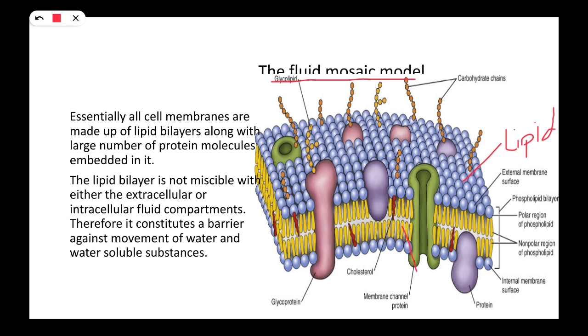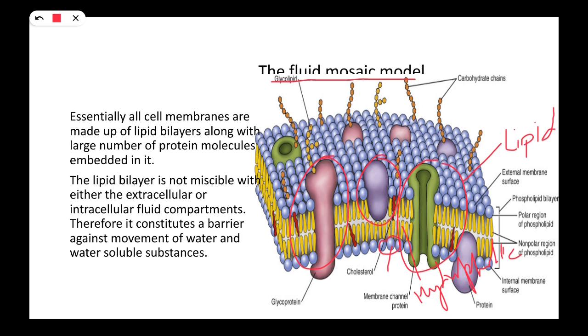These are the hydrophobic tails, while these are hydrophilic heads. We can also see that there are many proteins. All of these are membrane bound proteins. Some of these proteins are intrinsic, which move from this side to that side.